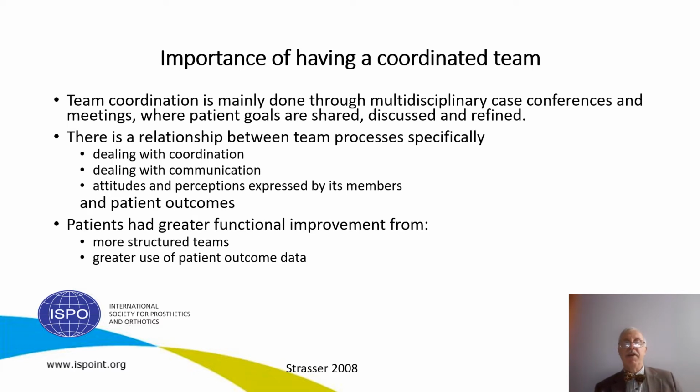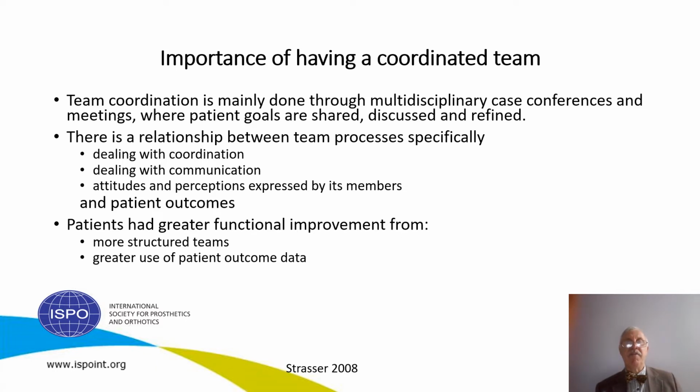Not only is a multidisciplinary team important, but also the coordination of the team. Team coordination is mainly done through multidisciplinary case conferences and meetings where patient goals are shared, discussed, and refined.